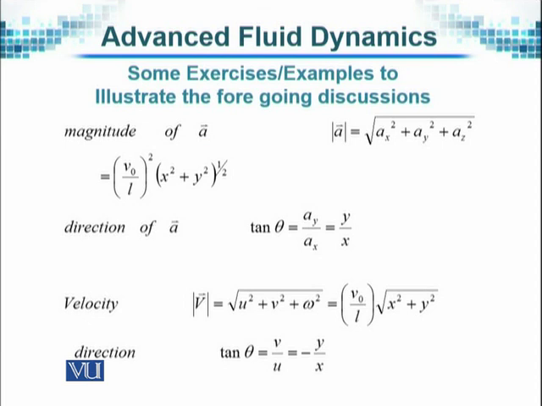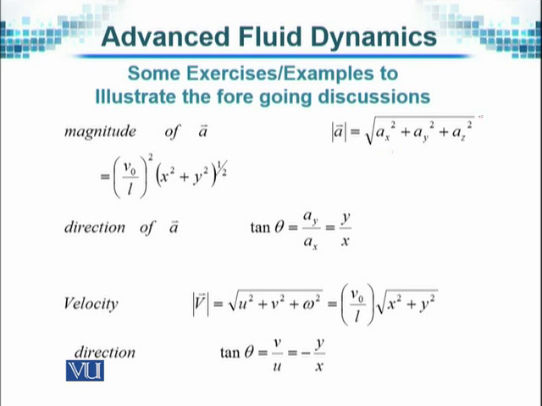Therefore, the magnitude of A, as you know from simple algebra, the magnitude of a vector quantity is computed by taking the square root of the summation of the squares of all the subcomponents. So the three components here will be ax square plus ay square plus az square.